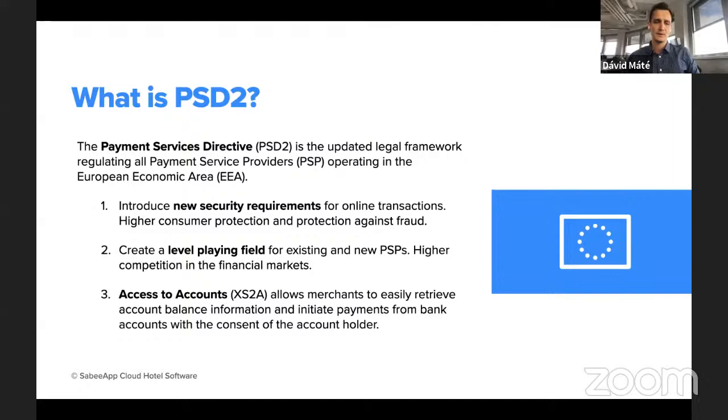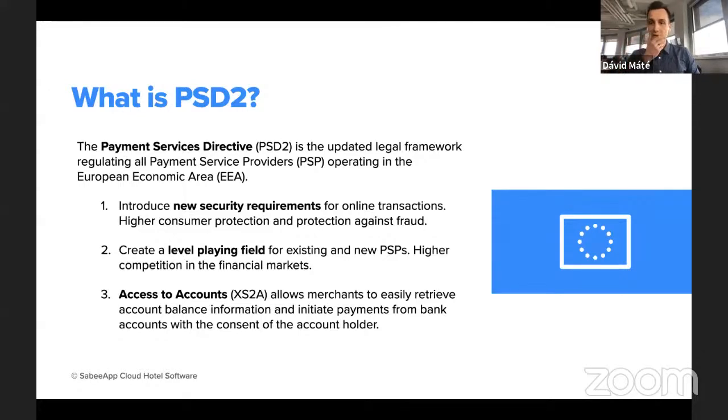And right now, PSD is in its second version, sort of like an updated version, which was introduced back in 2015, and it slowly came to introduction. Now here in 2021, it is something that merchants need to comply with.